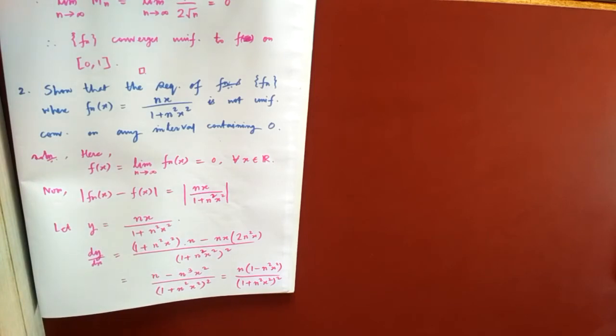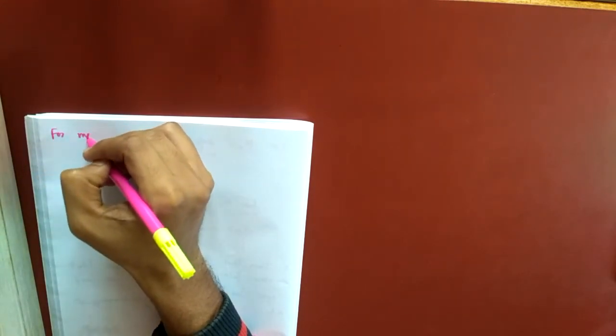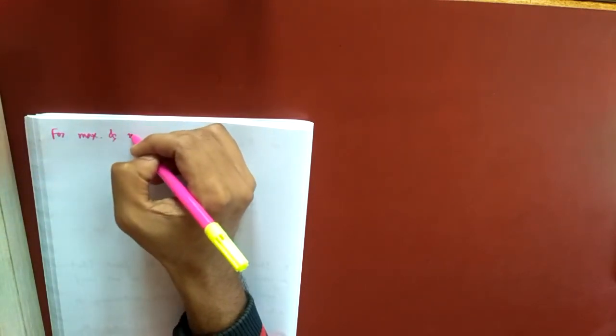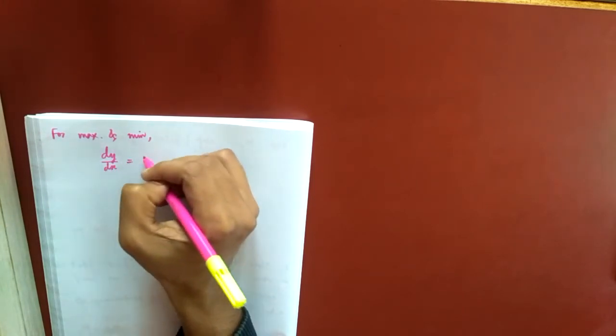Clear up to here? This is the kind of derivative you have been doing in class 11. Now for maxima and minima, dy/dx must be equal to 0.